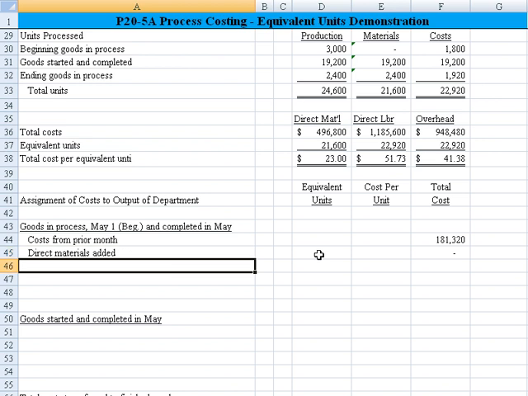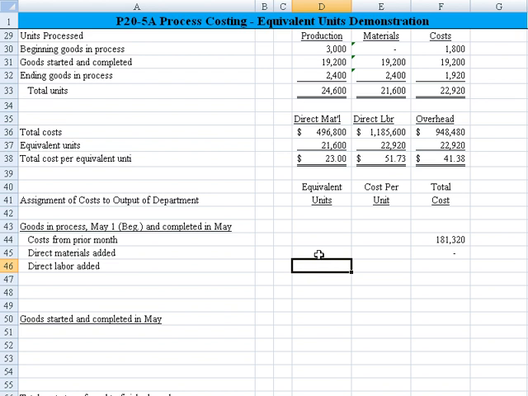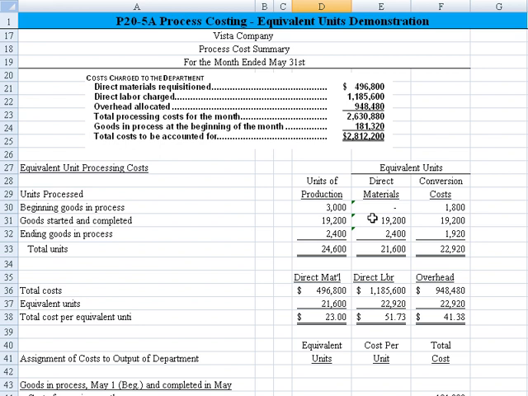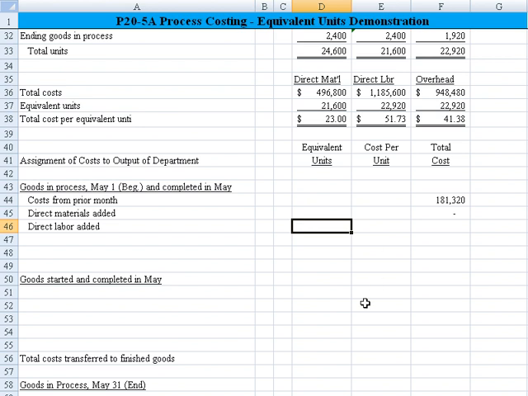Okay, now with regard to direct labor added, the assumptions change. Okay, with direct labor added, we know we added 1,800 of costs, and I stated that wrong. Okay, I slid up a little bit now.